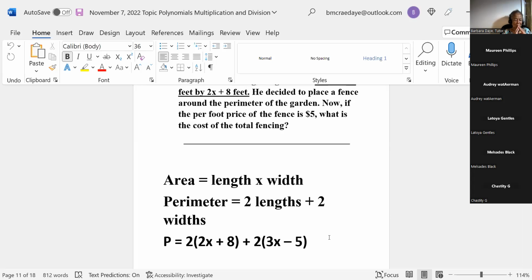Multiply 2 times 2x plus 8. That means 2 is multiplied by everything in parentheses. 2 here is multiplied by everything in parentheses. And once you get that added up, like terms, then you multiply that by $5. That's your cost. So I want everybody to do that.